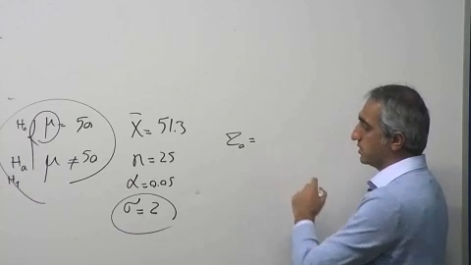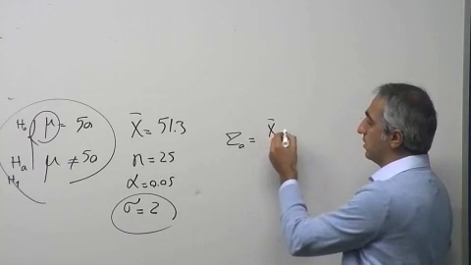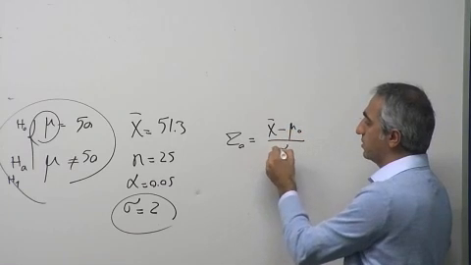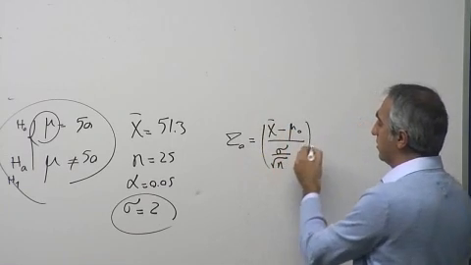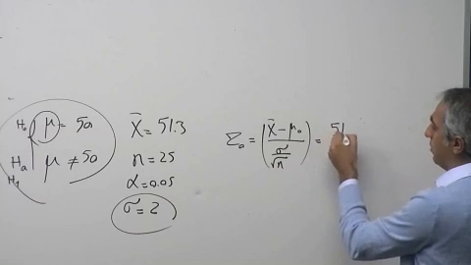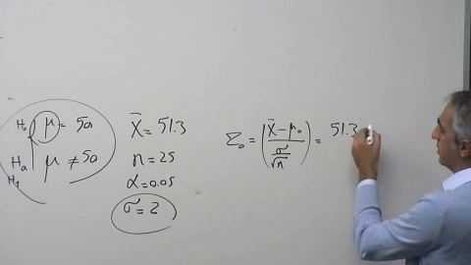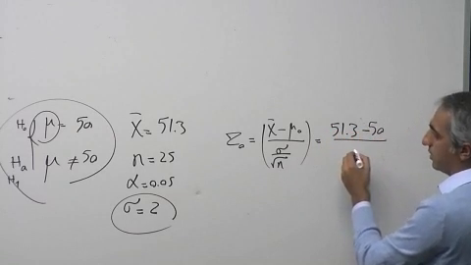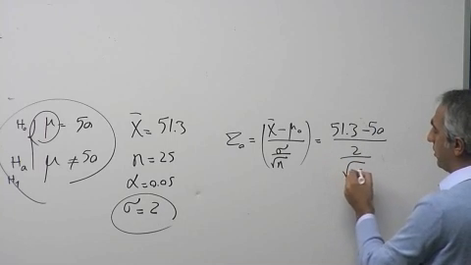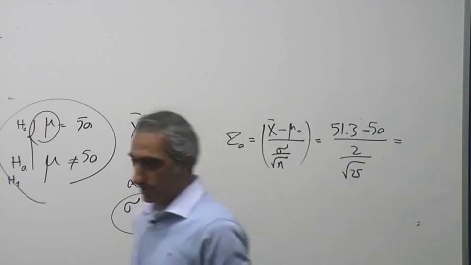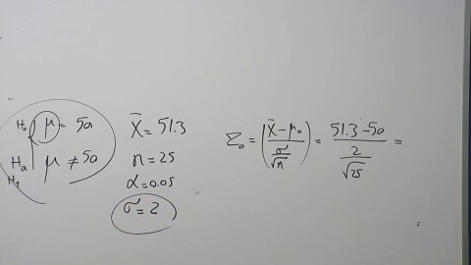That's why I'm using this test statistic: x bar minus mu 0 divided by sigma divided by square root of n, which is 51.3 minus 50 divided by 2 divided by square root of 25. This number is 3.25.